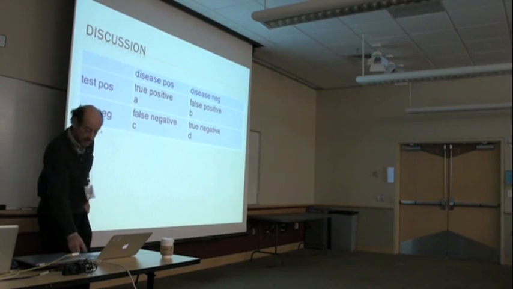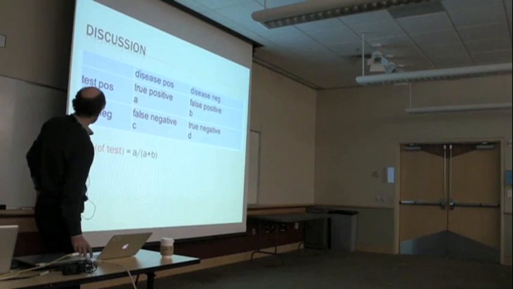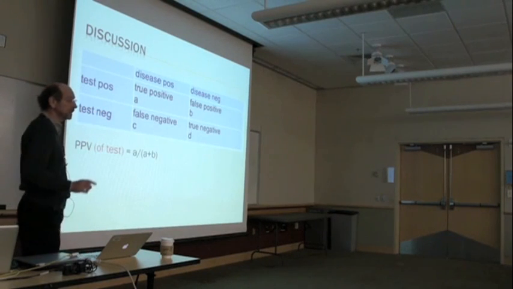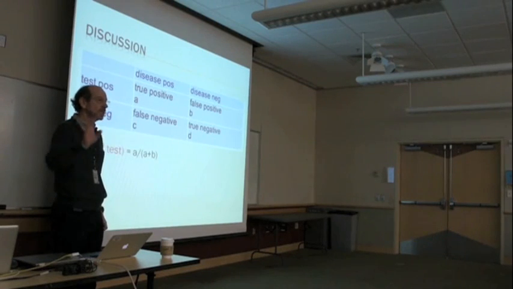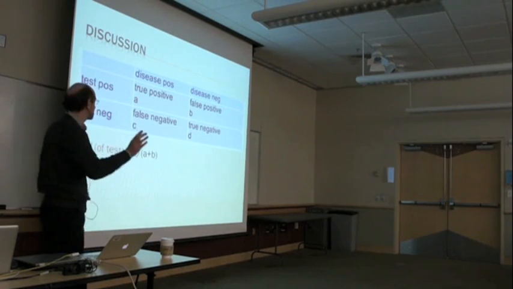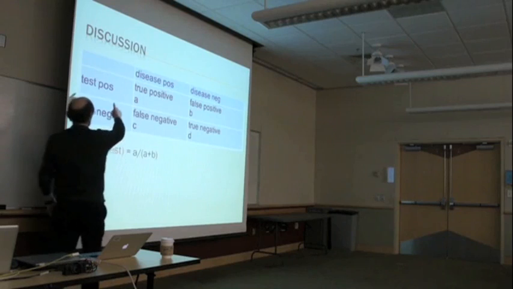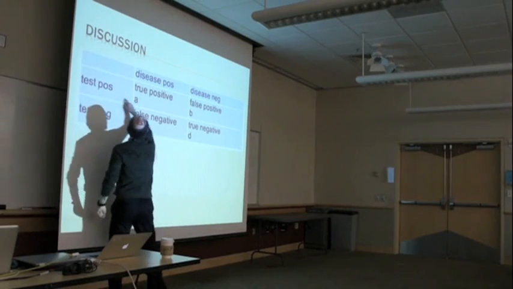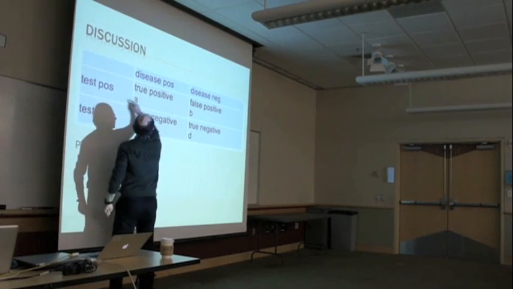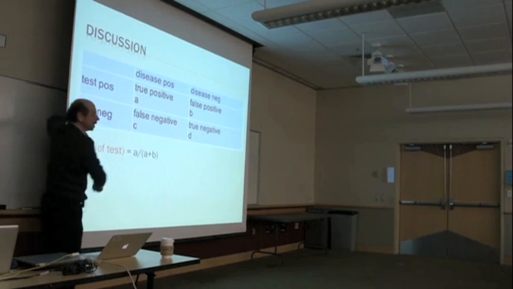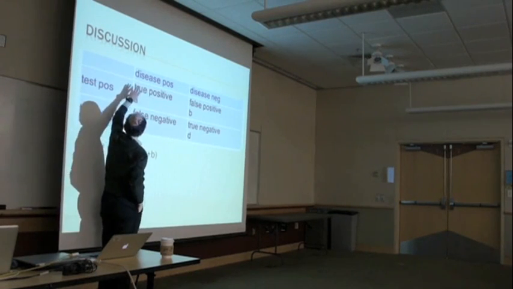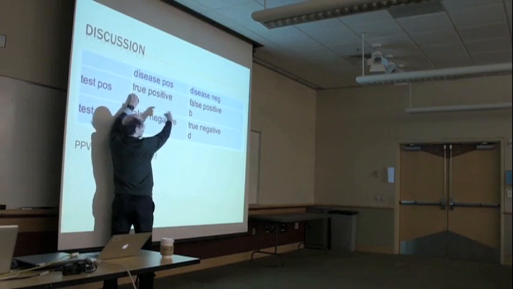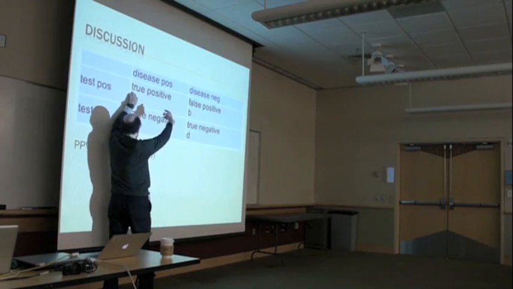And the way I like to think of these two tests is this, that the positive and negative predictive values describe the test. They're not talking about the disease, they're talking about the test. So the way you calculate it is going to be on the test line. So if you want to know the positive predictive value, you're going to say, okay, it's the true positives over all the positives, false and true.